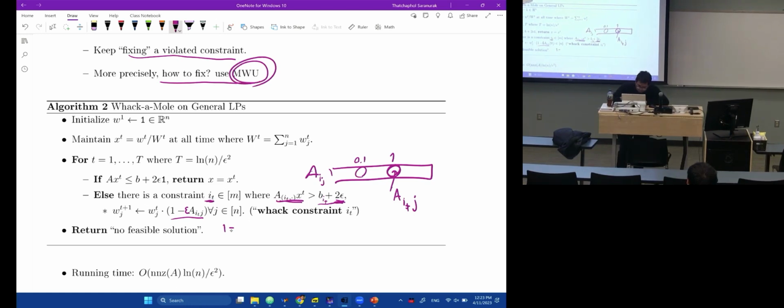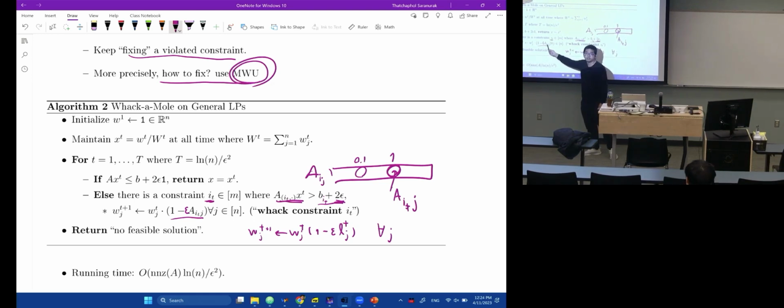We update the weight such that w_j^(t+1) is w_j^t times (1 minus epsilon L_j^t) for all j. Now this L_j^t, the loss, is just this one.